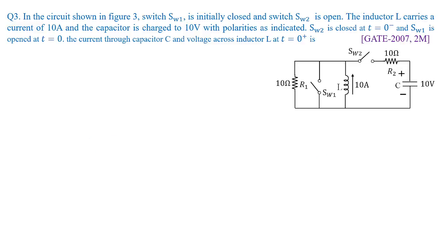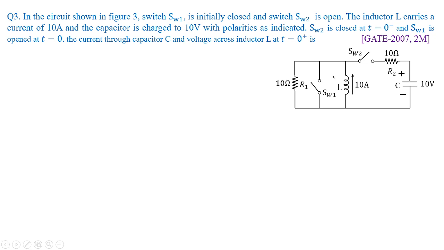In this example 3, you can see there are two switches which are connected. The switches are shown open in the given circuit or network arrangement, and this was framed in GATE 2007 for 2 marks. So let us take the data from the question. In the circuit shown in figure 3, switch SW1 is initially closed and switch SW2 is open.